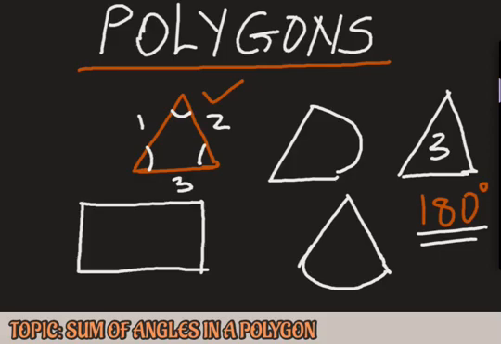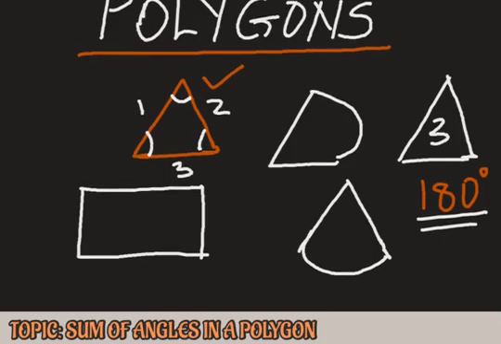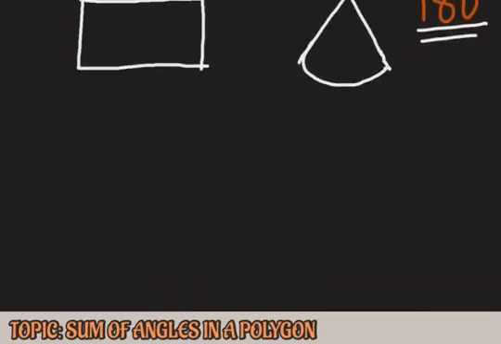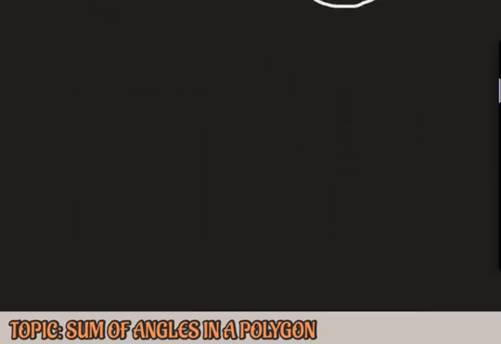Let's do it so that you can understand better. Now, we are given a quadrilateral. A quadrilateral is a four-sided polygon.